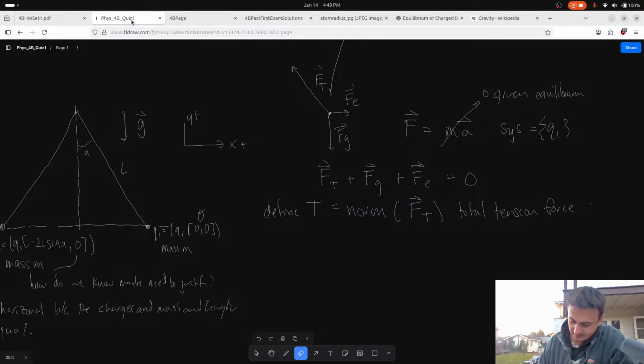This is a scalar. Then we're going to say FTX is equal to T sine A, and FTY is equal to T cos A, and this is actually a minus.